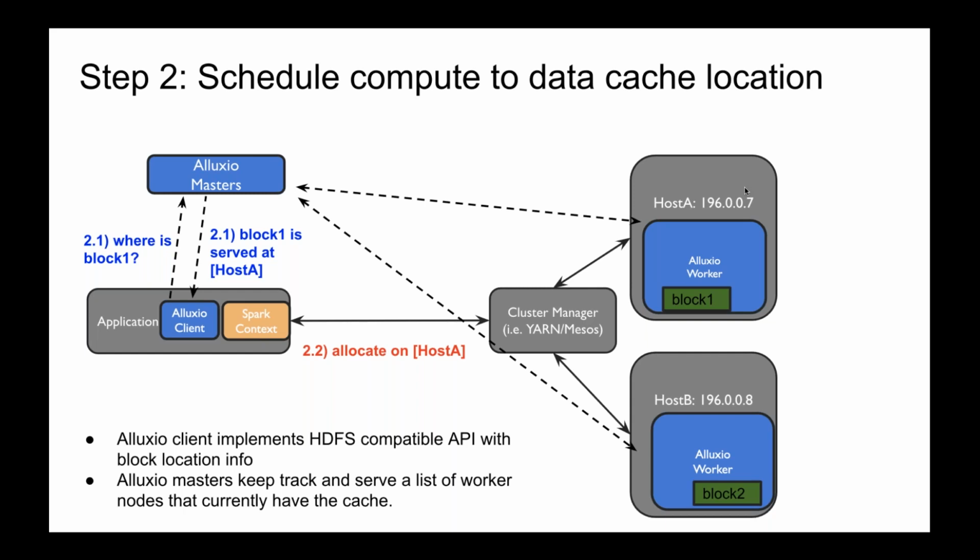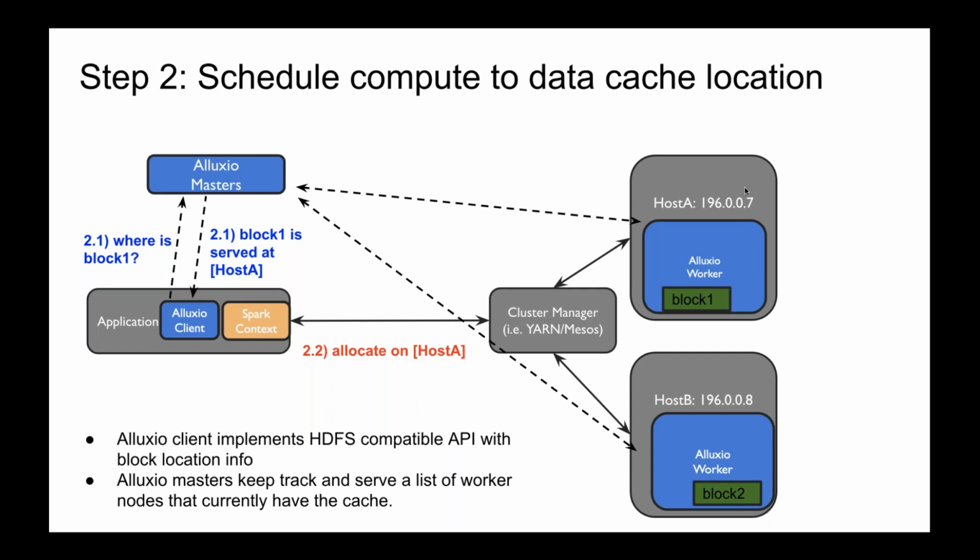So it will return this to the Spark job, and the Spark context can influence the cluster manager like YARN or Mesos, saying, okay, please allocate my executor and the task on host A. The reason is that host A has an Alluxio worker with the local data, and then they can assign tasks to that executor to have the data local.